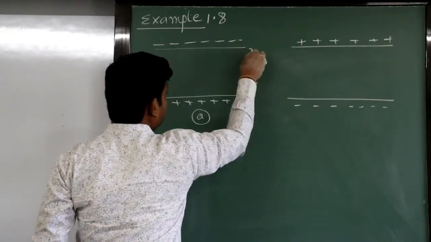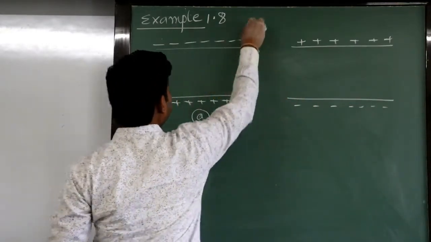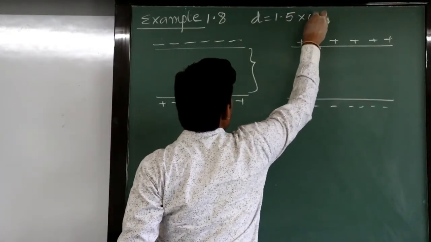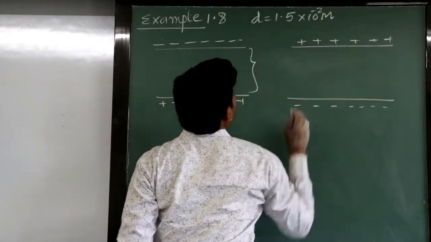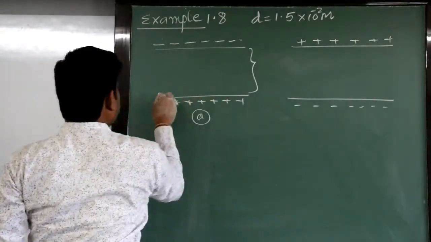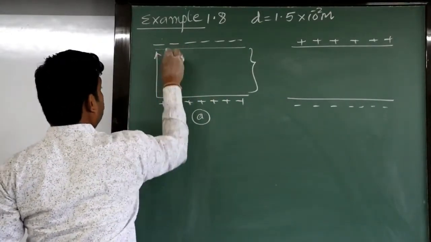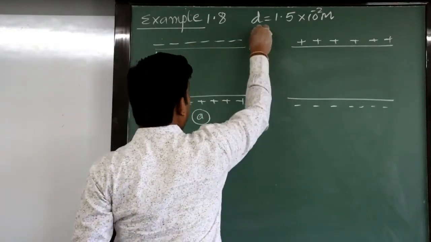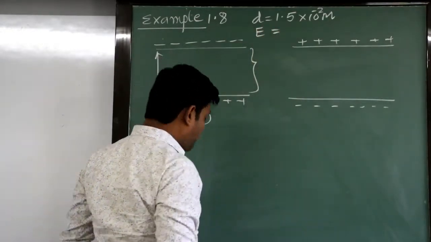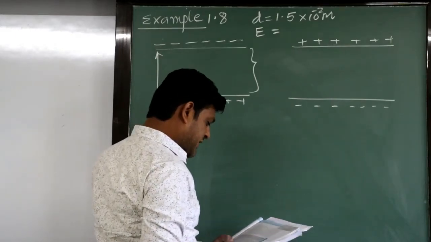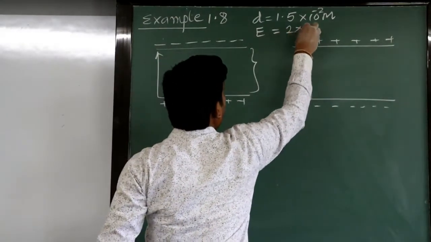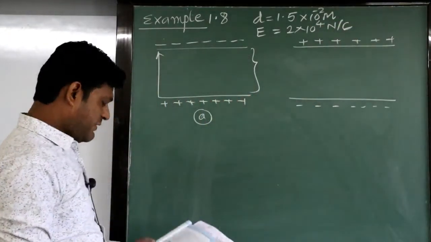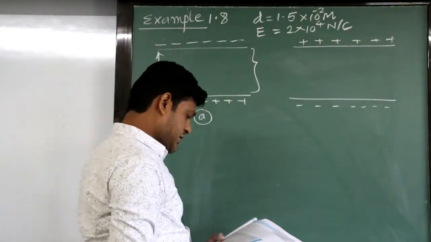The distance between these two charged plates is given, that is d. This d equal to 1.5 centimeter, that is 1.5 into 10 to the power minus 2 meter. The electric field is directed like this from positive to negative. The electric field is given as E equal to 2 into 10 to the power 4 Newton per Coulomb. This is the electric field given, right?